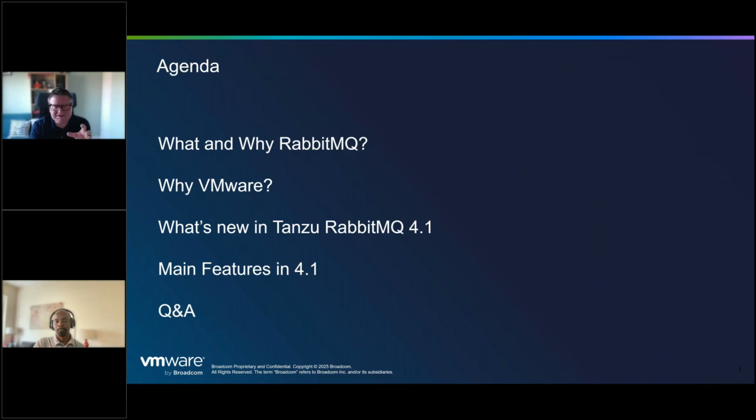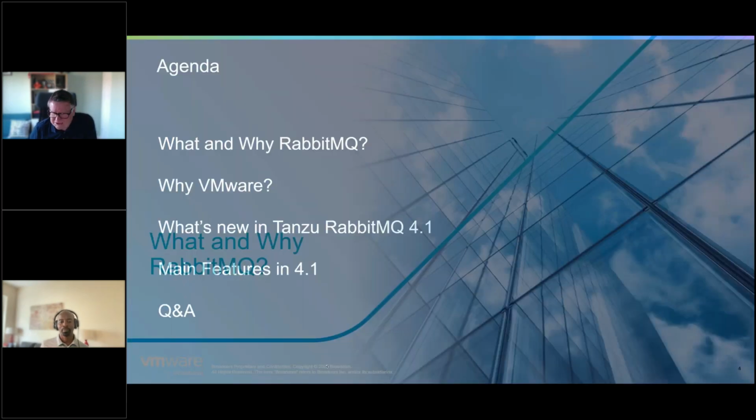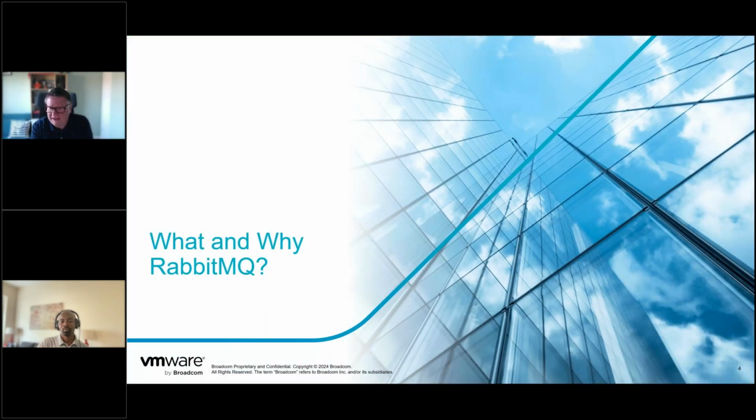But before we get on to the main features, I thought we would take this opportunity to take a step back and look at what RabbitMQ is, the problem that it solves, and why VMware Tanzu RabbitMQ is relevant.